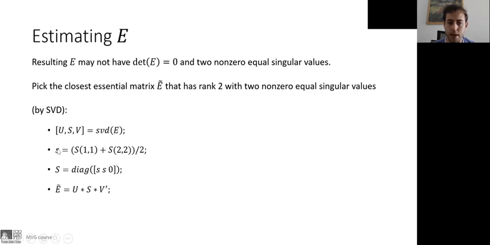Yes, you just rebuild this 3x3 S matrix, and you just multiply 3x3 times 3x3 times 3x3. But you can use here 3 by 2, because the third singular value is 0, and it will not change the solution. And 2 by 3 here.